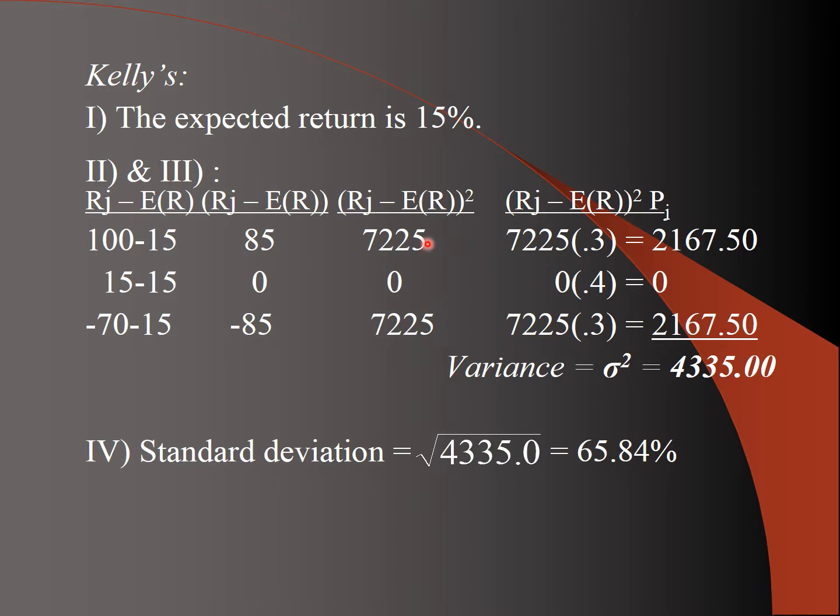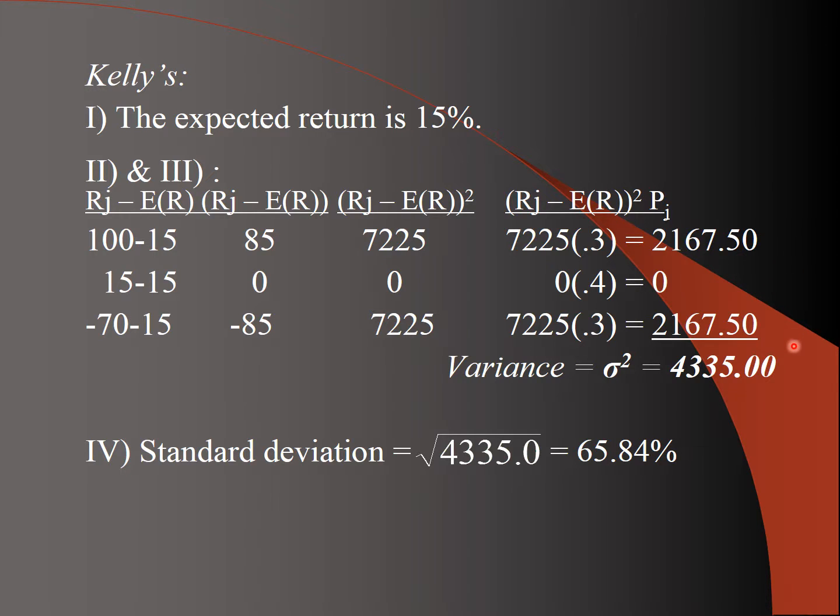And so now I take my squared deviations and I multiply them by the corresponding probability for each state of economy. So we said there was a 30% chance of a booming economy, a 40% chance of a normal economy, and a 30% chance of a recessionary economy. So I'm just multiplying each of my squared deviations by those probabilities, and I arrive at these numbers over here.